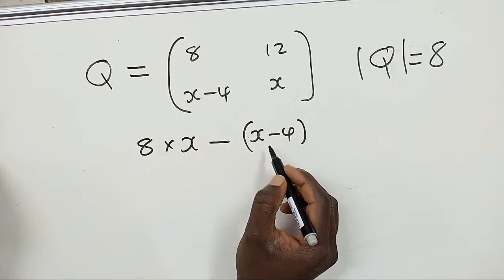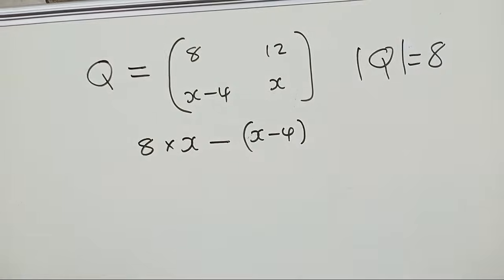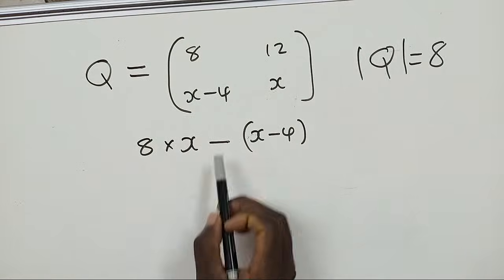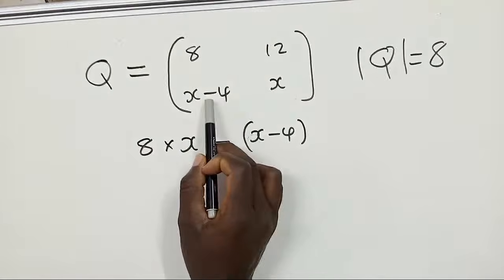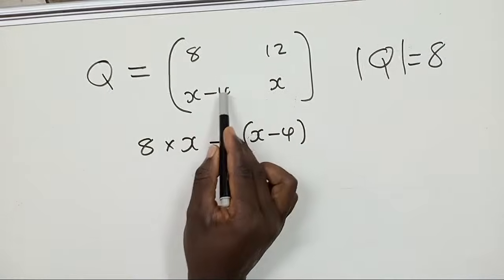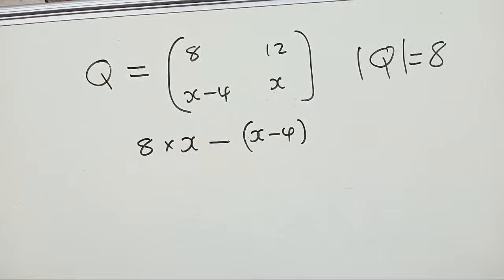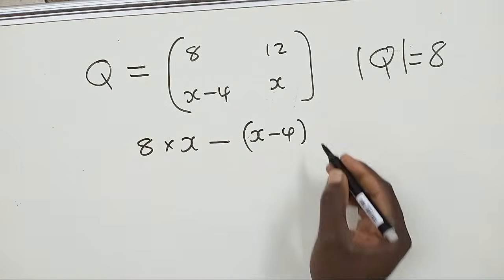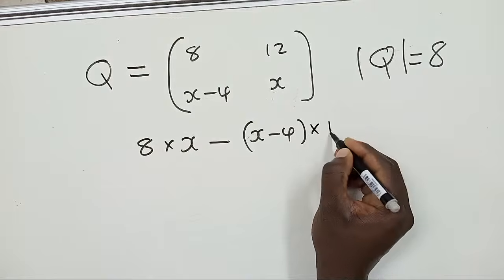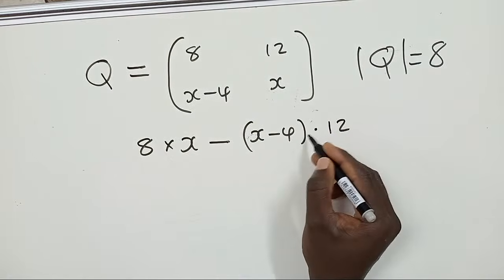If you don't put it inside the brackets, you will not get the question correct. That's why they decided to put the minus, so that people can get confused. So remember, whenever you see a negative in front of a term with 2 terms like this, put it inside the brackets. So we say times 12, I'm not going to put a times because we have brackets here.